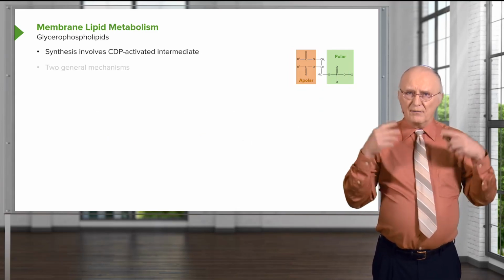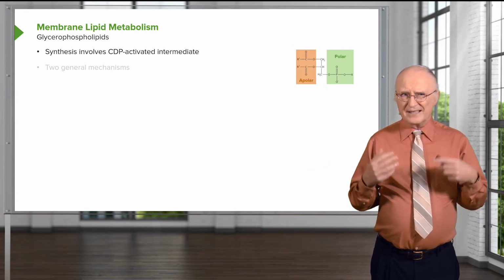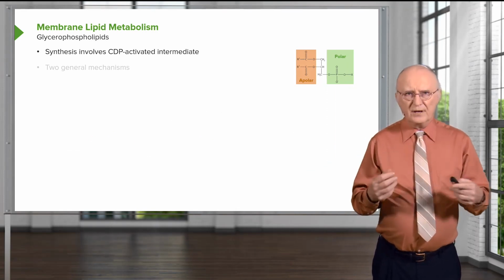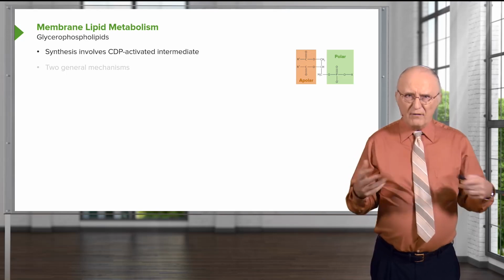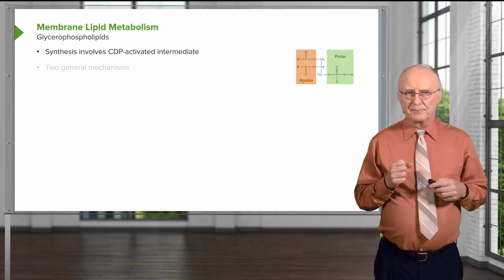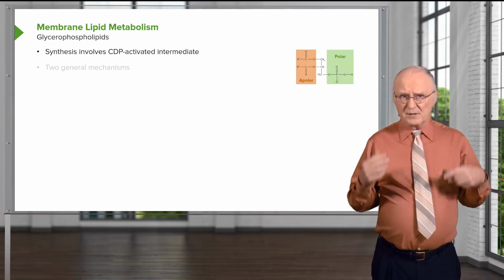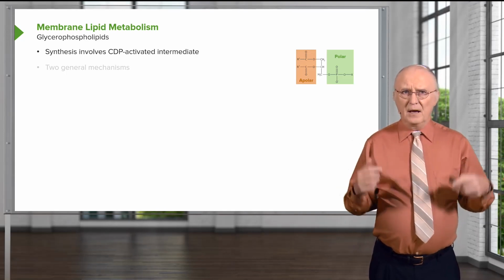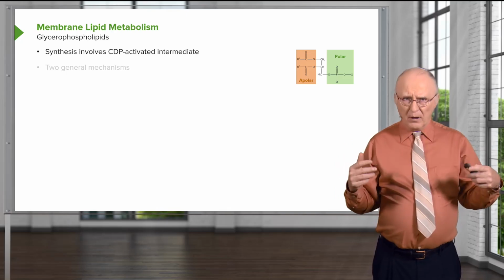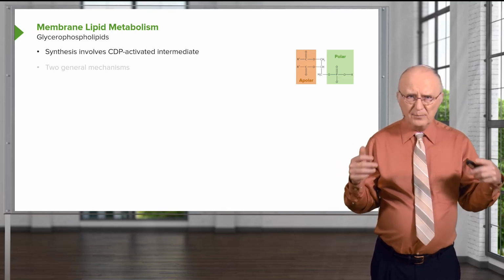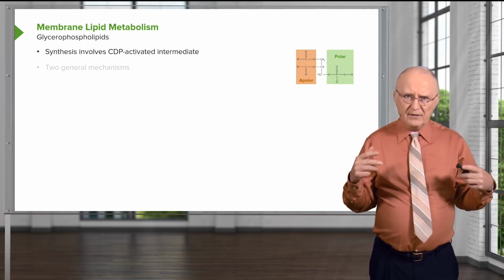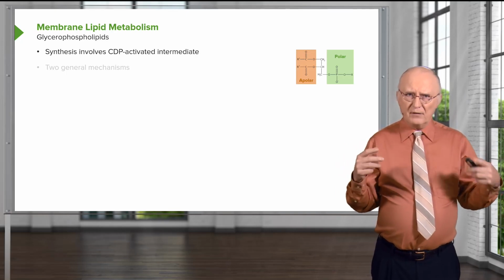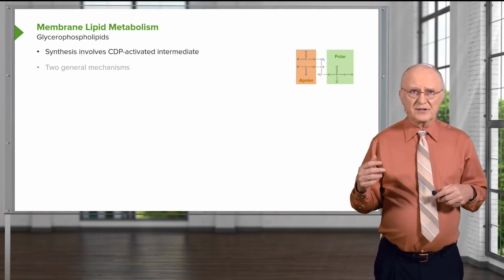The synthesis of additional phosphatidyl compounds now can proceed by two different mechanisms, and these are very general in nature, as you will see. Both mechanisms involve the use of what's called an activated intermediate. An activated intermediate is a molecule that has a high energy bond that uses the energy of that bond to donate a part of itself to something else, as we shall see.